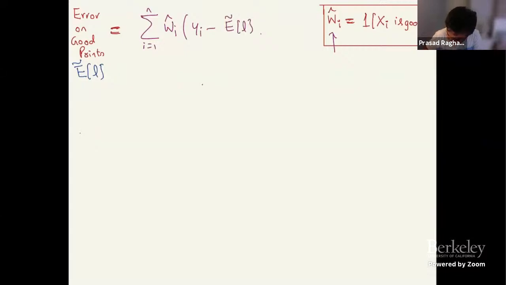This is your function that you output. This is the error, y_i minus E tilde of L(x_i), that's the error. You square the error, and you sum it up over all the good points. Okay, so w_i hat is an honest to God 0, 1 number. It's just a definition. But L is a variable, and y_i and x_i are really also numbers here. Okay? Just to keep track of what's a variable, what's a number. Everything looks like a variable here.